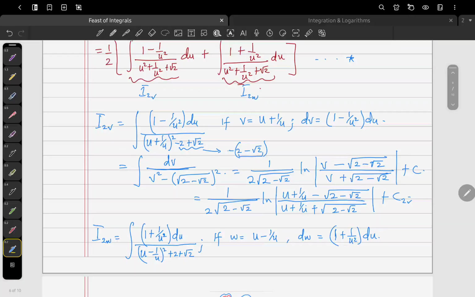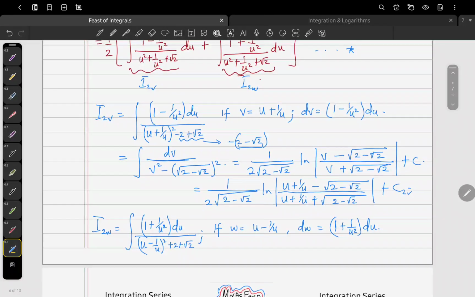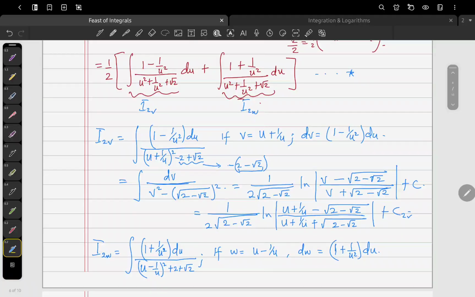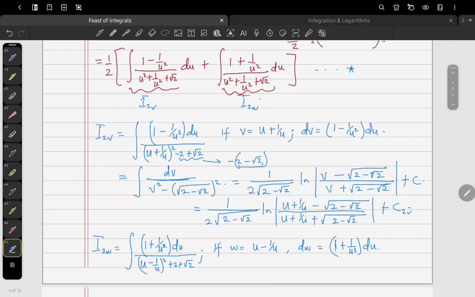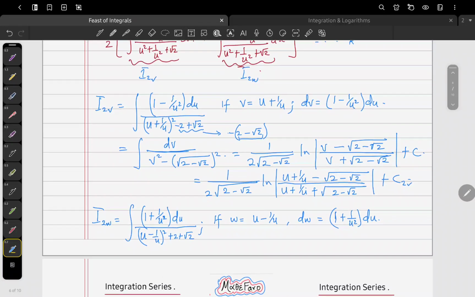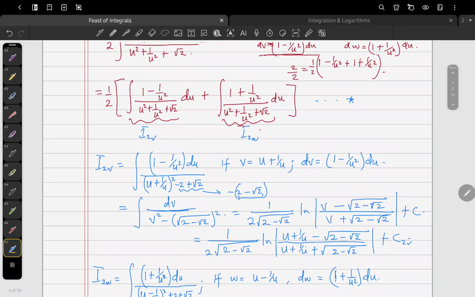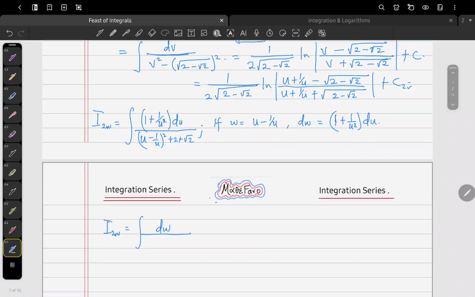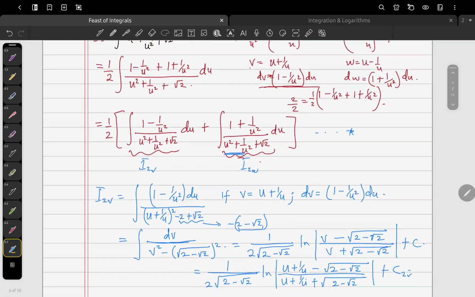The original question is u squared plus 1 over u squared. Okay, I think we are still on the right track. u squared plus 1 over u squared here. And if I want that, I'll have u minus 1 over u squared.